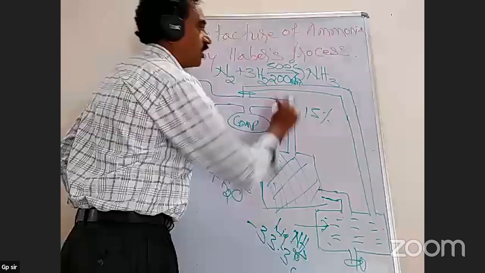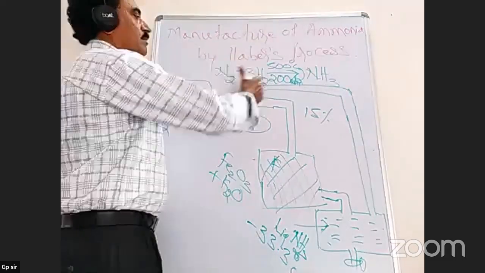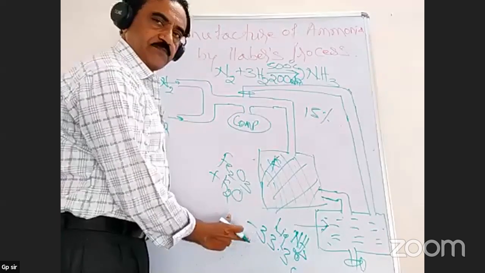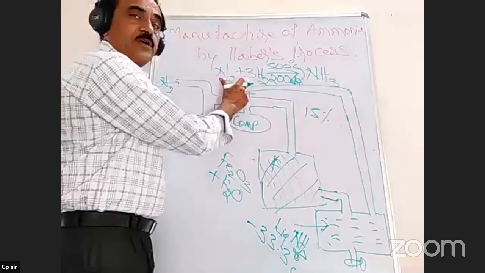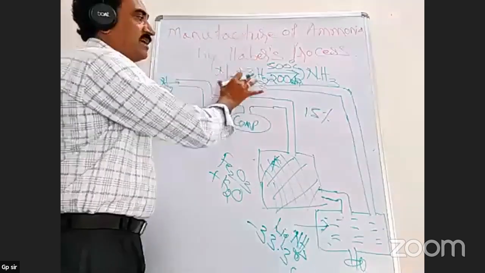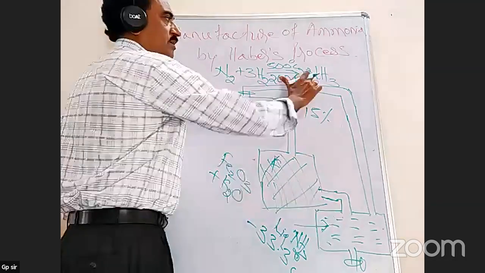The product that has come, ammonia, is the only one that becomes liquid. What about the remaining unreacted nitrogen and hydrogen? They do not condense because they have a very low boiling point, around -198 to -200. They remain as gas. Only ammonia becomes liquid.